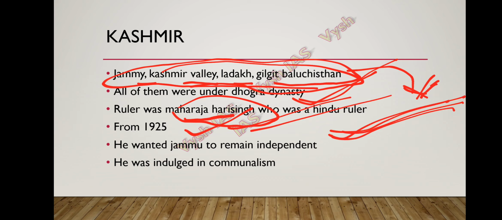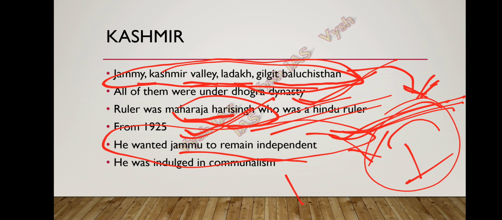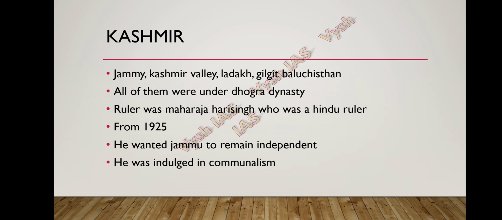He was ruling the Kashmir area from 1925. He wanted Jammu to remain independent. He did not want to sign the instrument of accession with either Pakistan or India. He just wanted to remain independent.